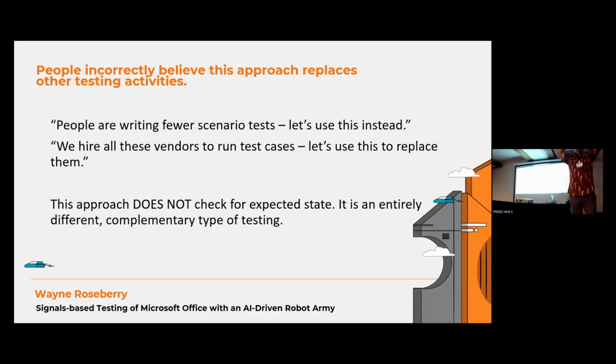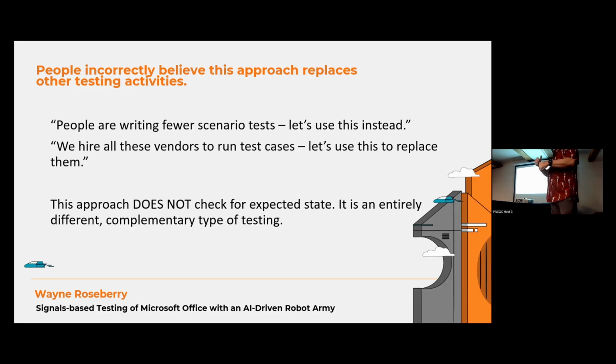Okay, so the dev manager who built the tool, he got this thrown at him. I got this thrown at me by my skip level. People are writing fewer scenario tests. Let's use this instead. We hire all these vendors. I want to get rid of the vendors and use this instead. And I had to come back at him and say, this does not check your functionality.